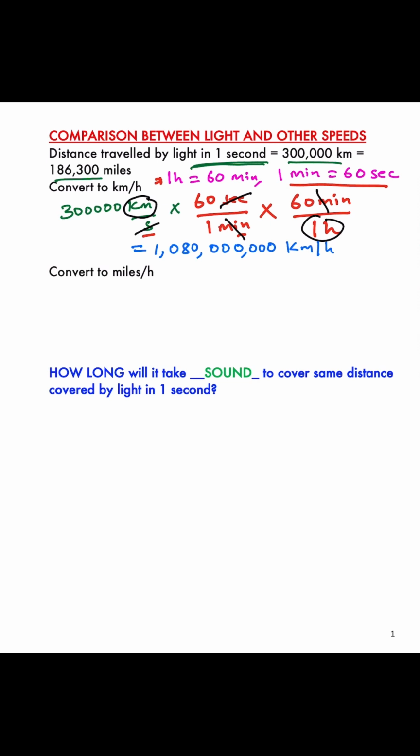We can convert that to miles per hour. In order to do that, we just take the kilometers per hour, and then times, we know that 1 mile equals 1.61 kilometers. We want this kilometer and this kilometer to cancel, so we'll put here 1.61 kilometers, and then the mile will go on top.